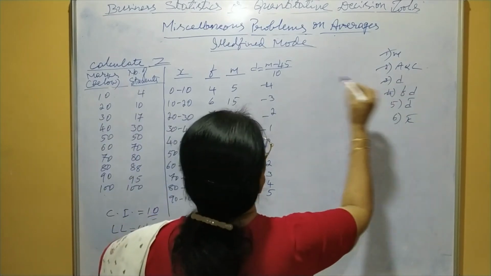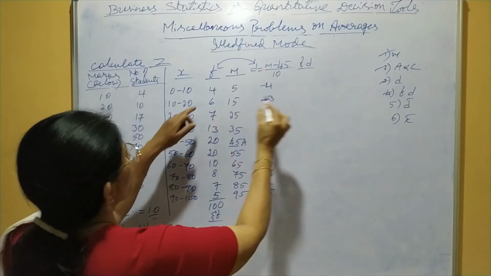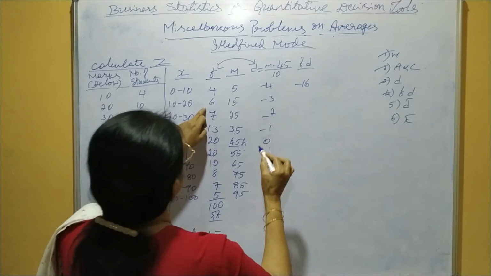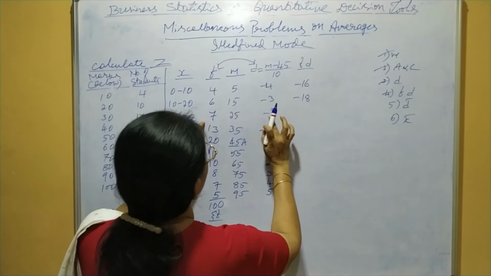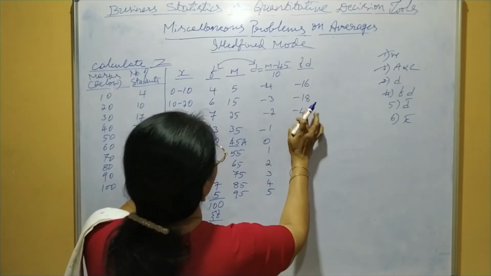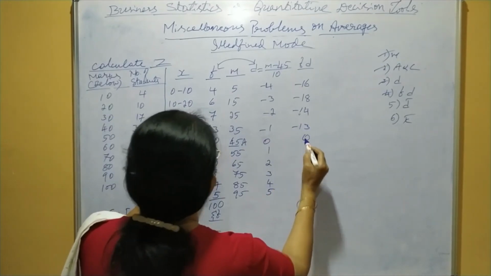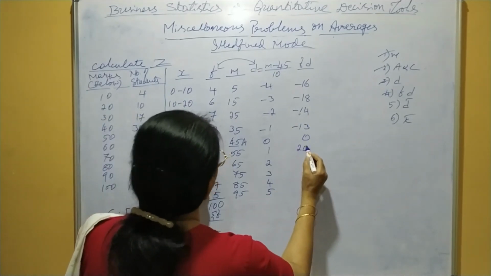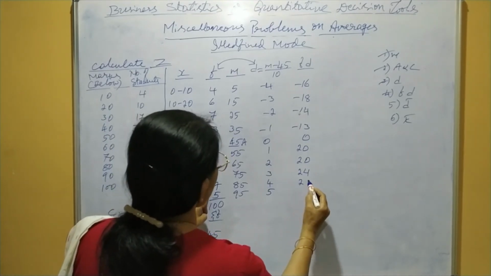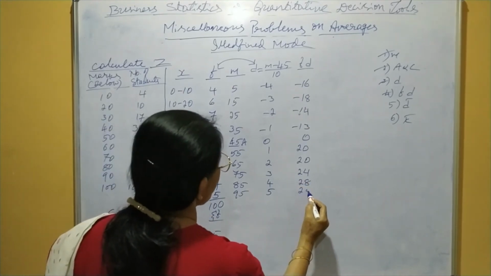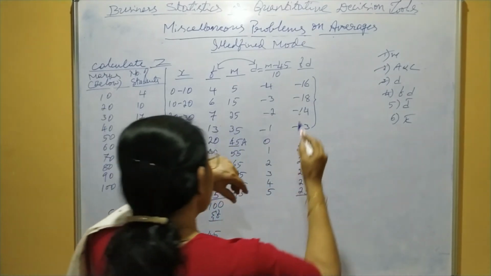Next step is FD, that is F into D, multiply these two. 4 into minus 4, minus 16, 6 into minus 3, 7 into minus 2, minus 14, 13 into minus 1, minus 13, 20 into 0, 20 into 1, 10 into 2, 8 into 3, 7 into 4, 5 into 5. Now take minus totals separately.